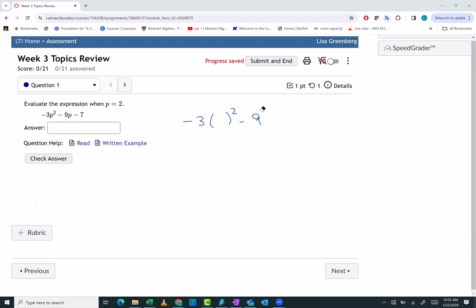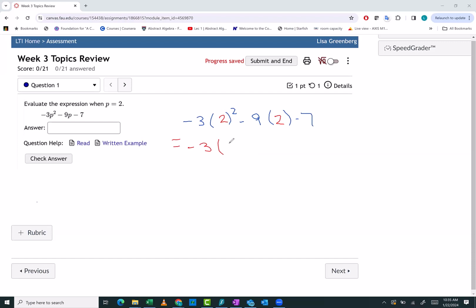Instead of putting the variable, you put parentheses, and then once you do that, you fill in the value. When it's positive, it doesn't make as much difference. When it's negative, it makes quite a bit of difference.